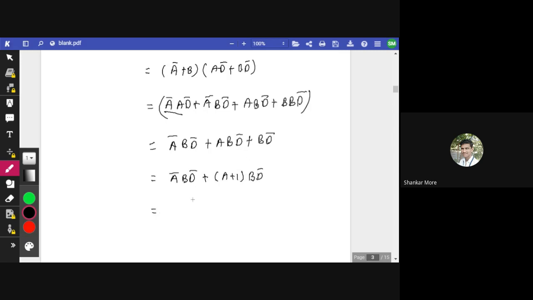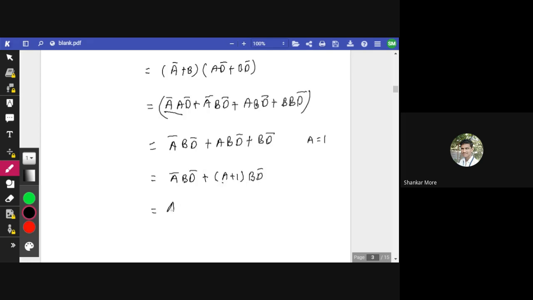So 1 plus a is what? 1 plus a is 1 itself. Let us suppose a is equal to 1. Then 1 plus 1, in Boolean algebra, 1 plus 1 is equal to 1, I guess, right? Then 0 plus 1 is 1 only, isn't it? So that's why a plus 1 is going to be 1 anyway. So we can write 1 here and it would become b d bar.